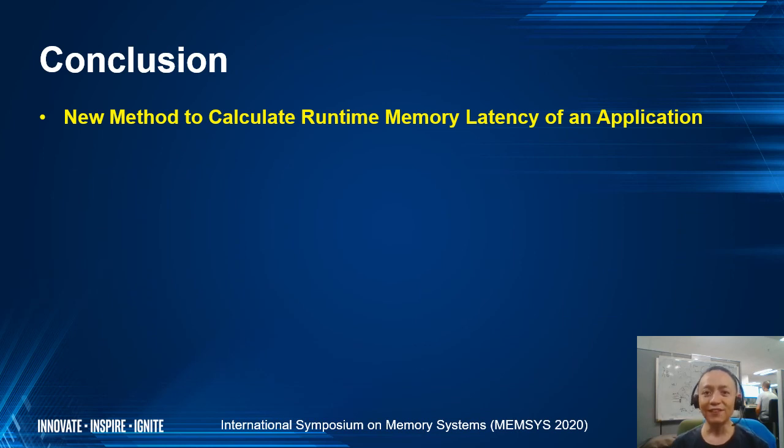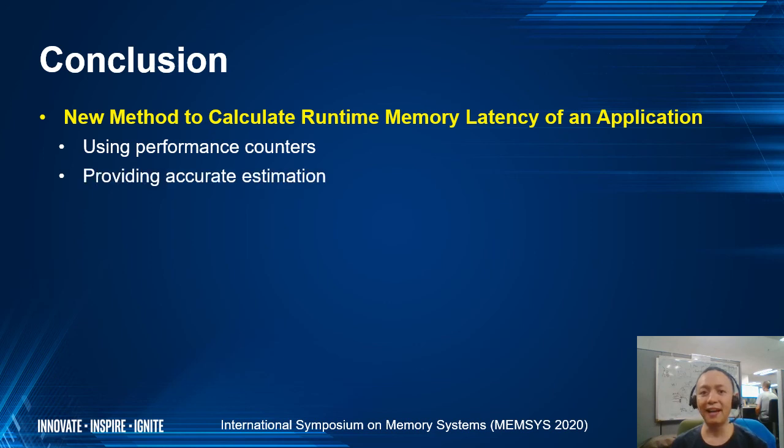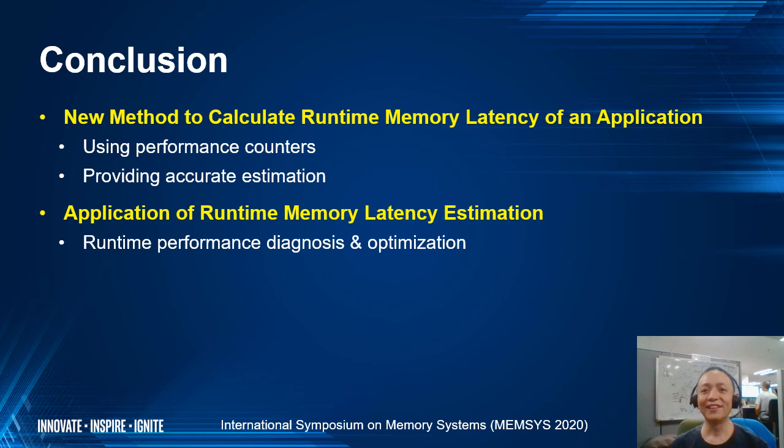To conclude, we have proposed a new method to calculate runtime memory latency of an application. The method uses performance counters and provides accurate estimation. The runtime estimation of memory latency can be applied to runtime performance diagnosis and optimization.